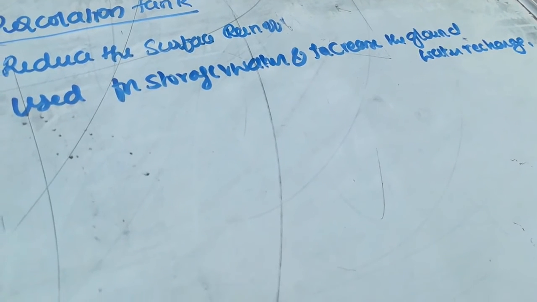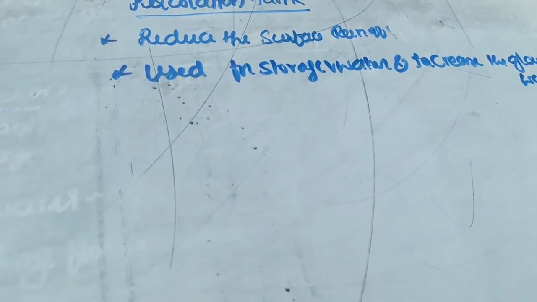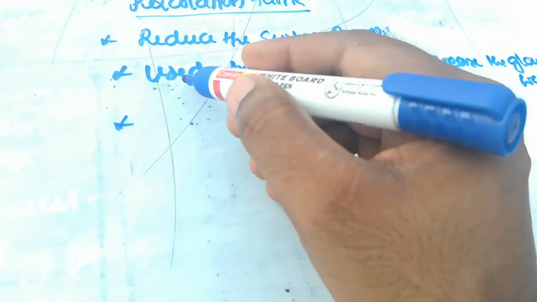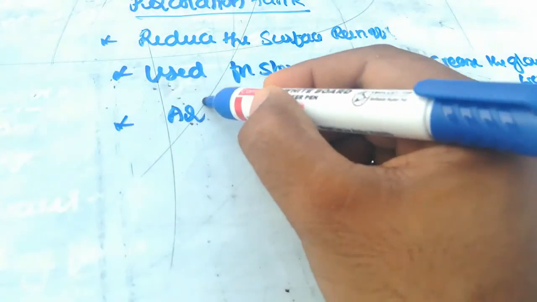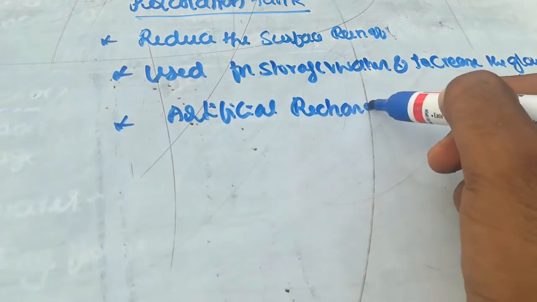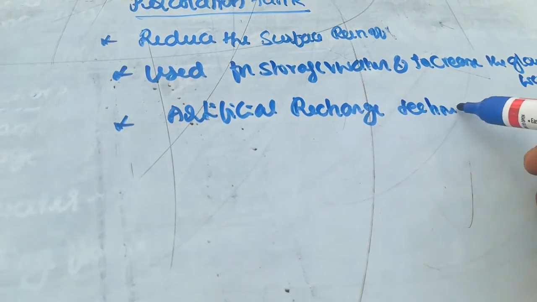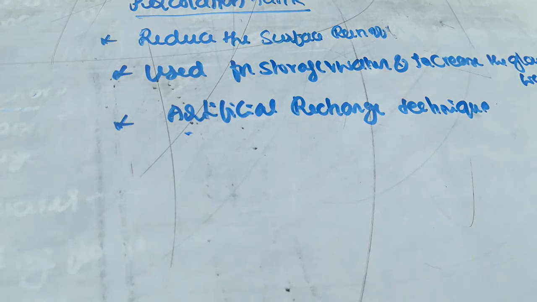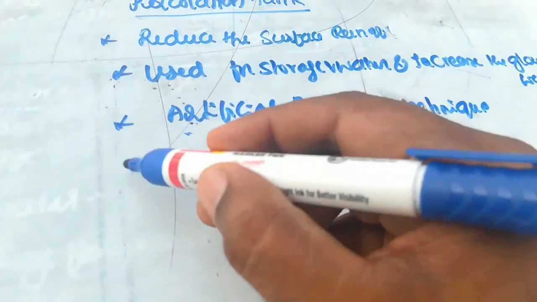The main point about recharge here is that this is an artificial recharge technique. Natural recharge means water automatically infiltrates into the soil and increases the groundwater table. This is the artificial recharge technique, and it is constructed for third order streams.